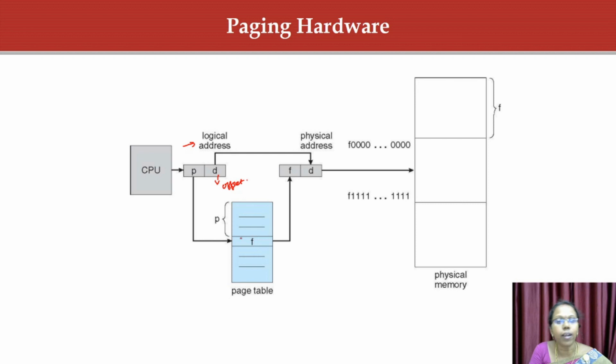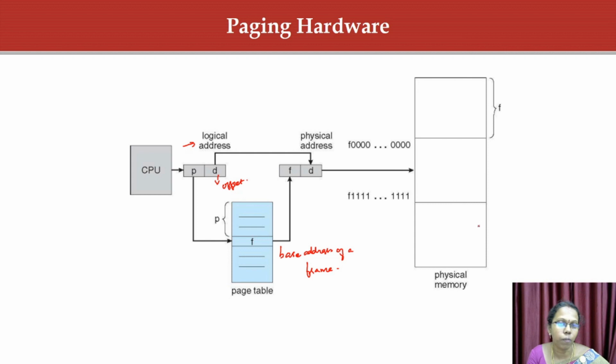The page table contains the base address of a frame, where the page is actually stored in physical memory. Once we get the base address, it is added to the offset to generate the corresponding physical address, so that the logical address is mapped into the physical address.